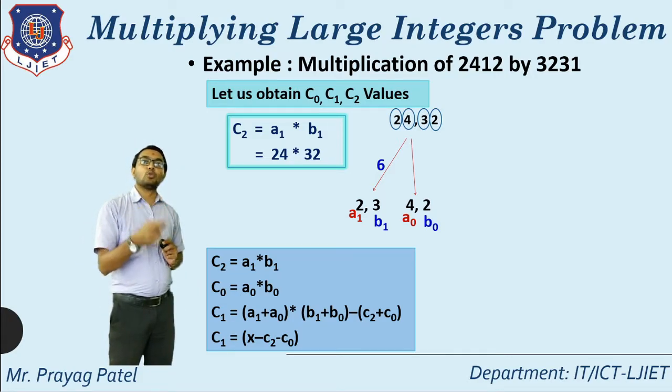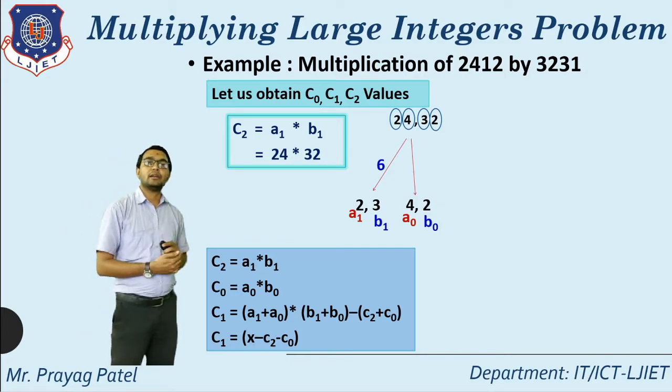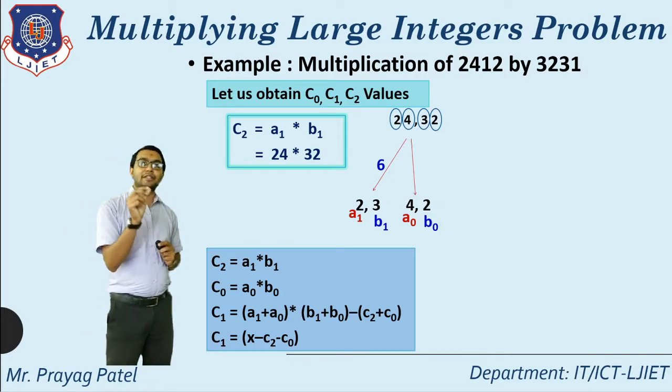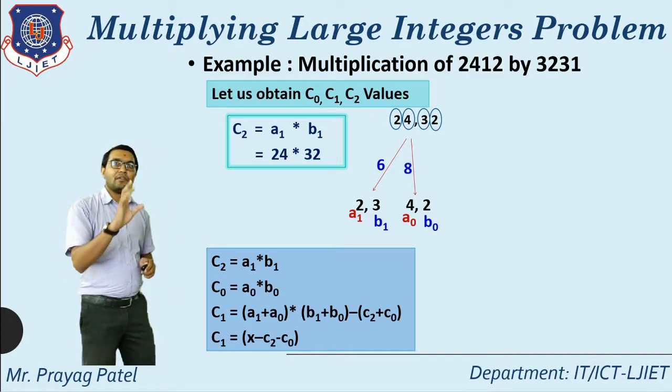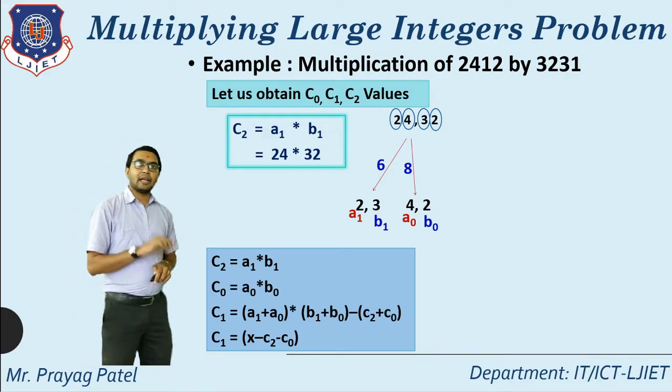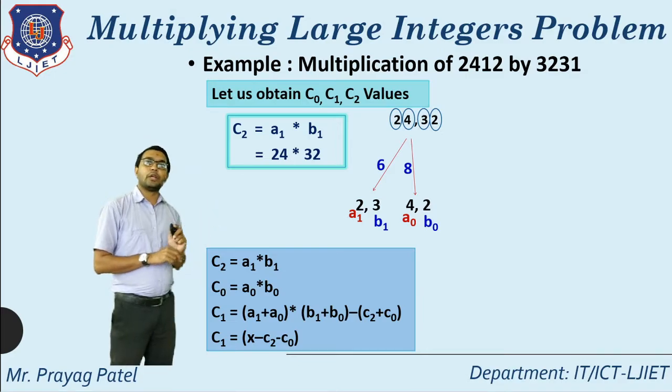We multiply these two numbers, 4 multiply with 2, which equals 8, because 4 and 2 are single digit numbers, so we can directly multiply them and get 8. This means A1 into B1 equals 6 and A0 into B0 equals 8.